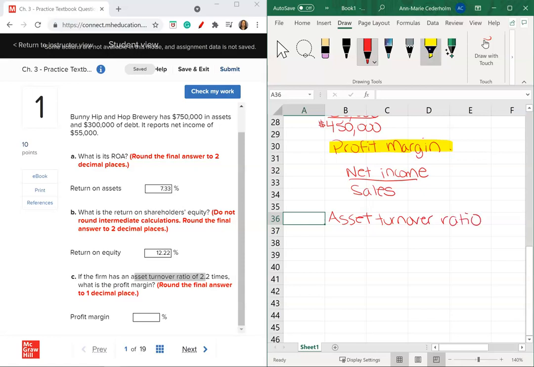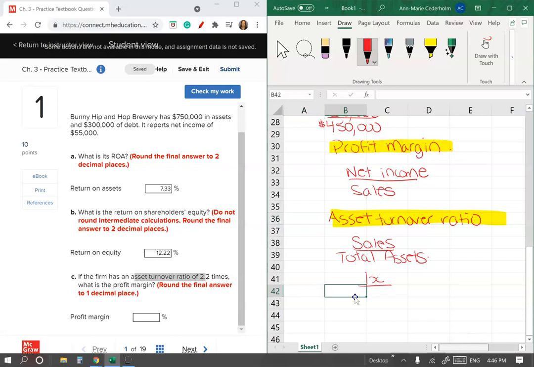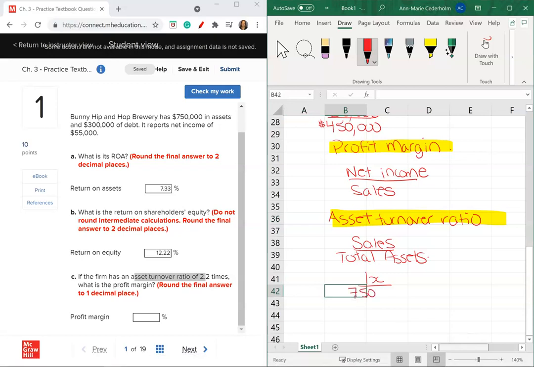So the formula for this one is your sales divided by your total assets. So I don't know what my sales are, so I'll just call that X. I do know that my assets are $750,000, and they told me that.